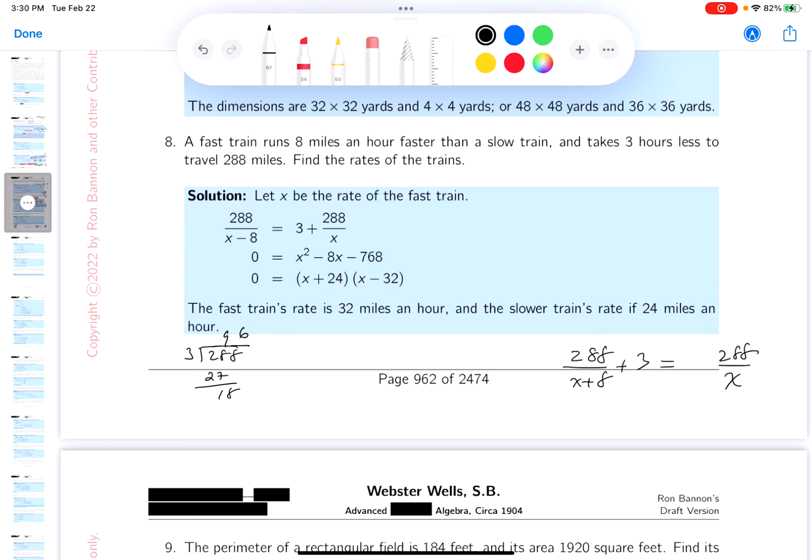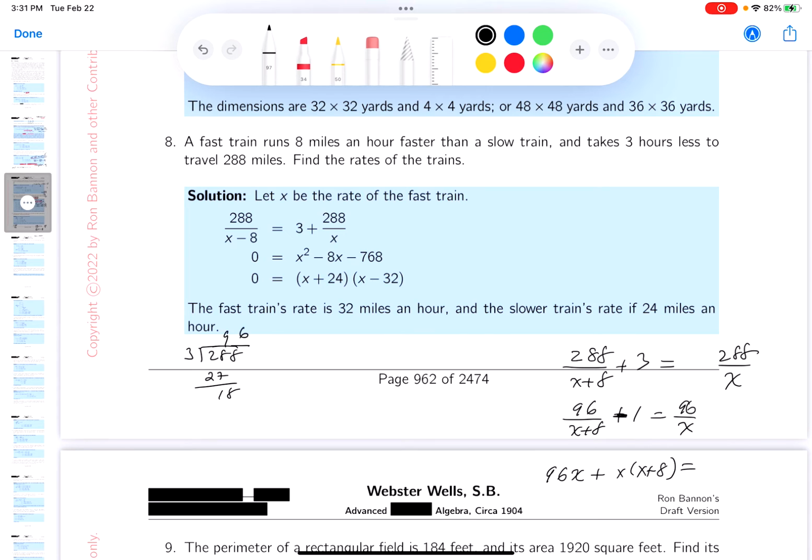So what do you get? 96 over x plus 8. Oops, sorry about that. Plus 1 divided by 3. 96 over x plus, I'm sorry, not x plus, it's just x. 96 over x. I'm going to multiply both sides by the LCD. You're going to get 96x plus x times x plus 8.